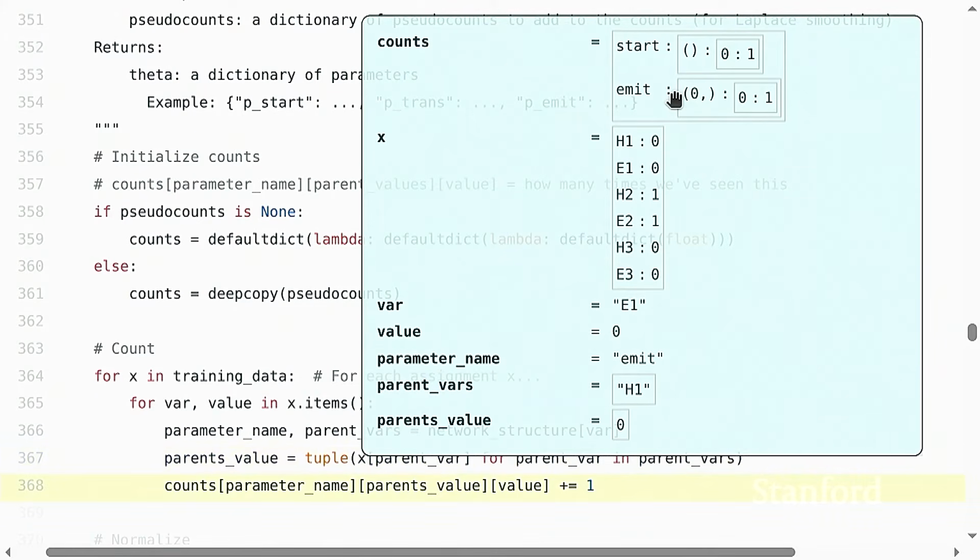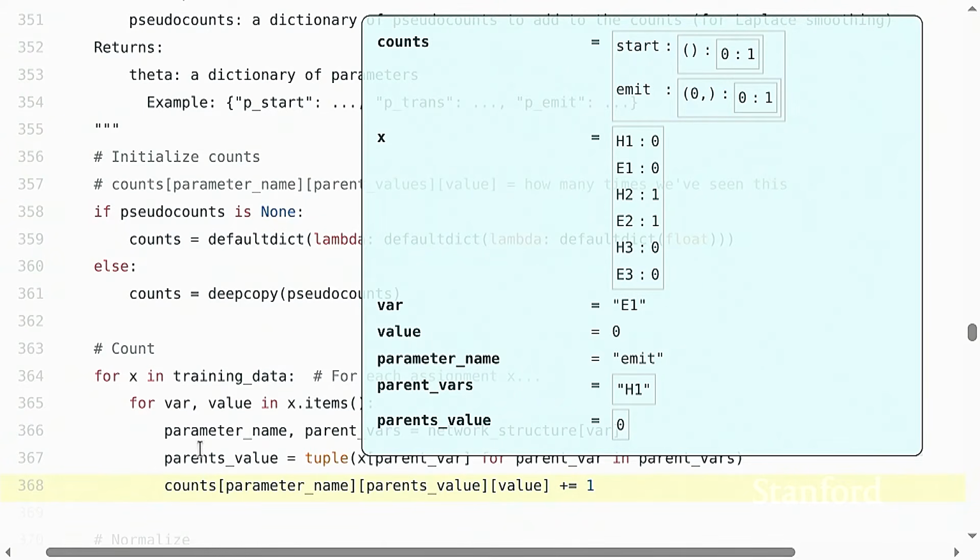Now I update the counts for emit, because that's the parameter name, then the parent's value, which is 0, given by the parents' variables indexing into x, and then finally the node value, because E1 is 0. And I increment that by 1.